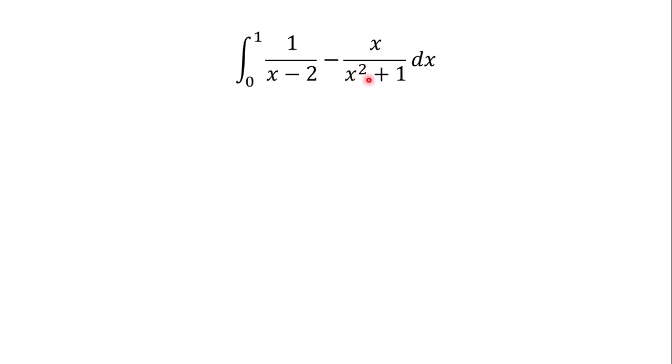So this one, when you take the derivative of the whole of this, you can eliminate this one. So u is equal to x squared plus 1. So when you differentiate, you're going to get du is equal to 2x dx, so dx is equal to du over 2x, and that x will cancel out with this x here, and we are left with 2.